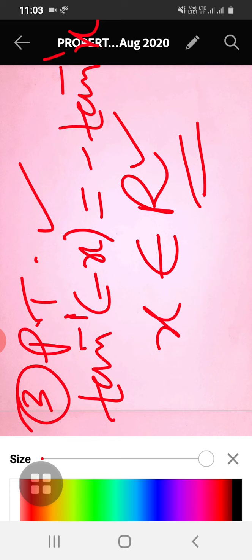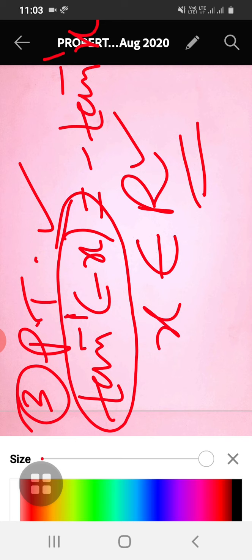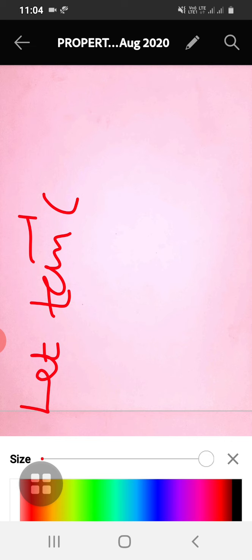This is very important. How do you begin this? We have to equate tan inverse minus x to some theta. Then you go on applying the definition. So let tan inverse of minus x be equal to theta. We call this equation 1.